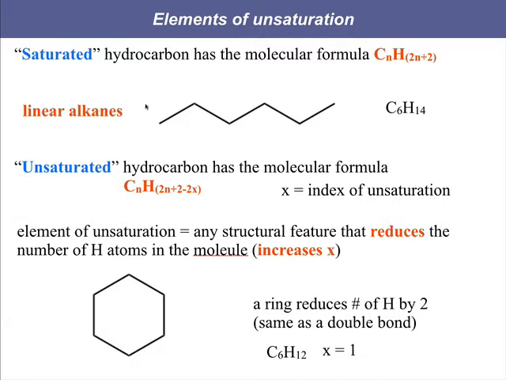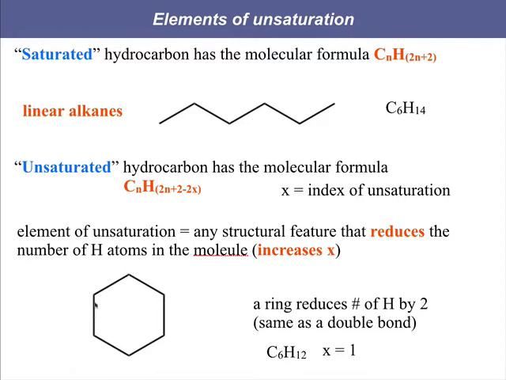Think about it. In the linear form, all of these middle carbons, 1, 2, 3, 4, those 4 middle carbons all have 2 hydrogens. That's fine. But the end carbons, that one there and that one there, each of those end carbons has 3. So if we look at the ring, we don't have any end carbons.